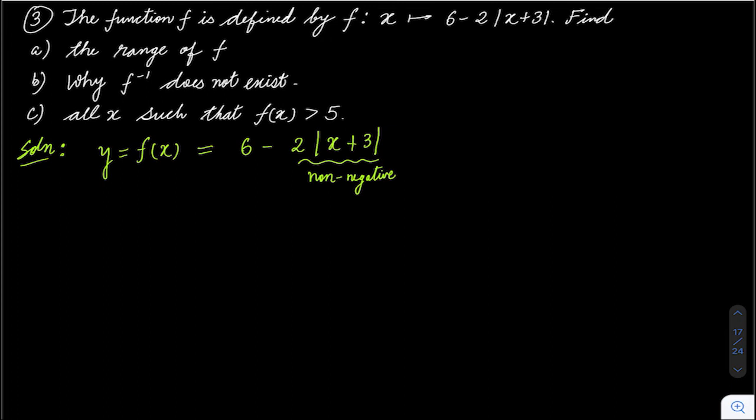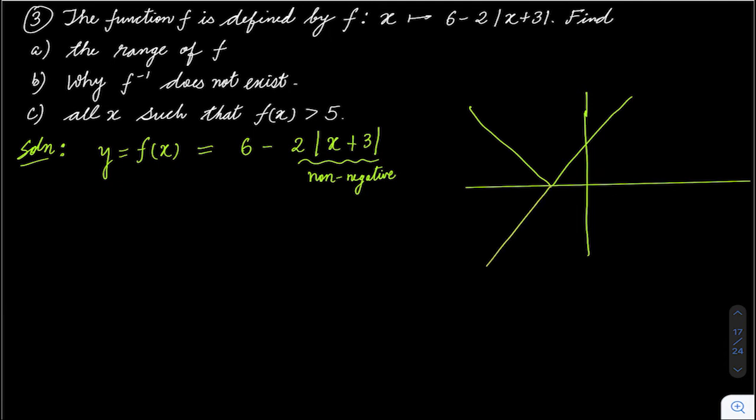First, you can use some transformation in this. Okay, let's use some transformation. So the graph of |x + 3| is like this, right? And then if you multiply that by -2, then obviously it inverts. So it becomes like this. Correct?